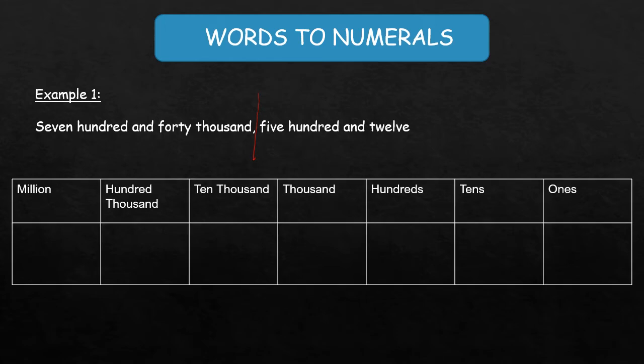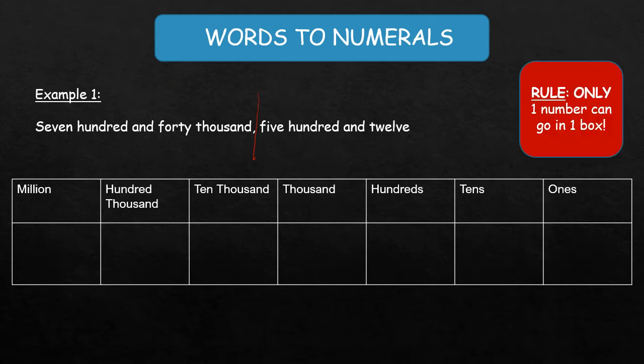Next, we're gonna write down our place value. You can just write down short form for all these: ones, tens, hundreds, thousand, 10,000, 100,000, and million. And remember, the rule is only one number can go in one box. So let's focus on our thousand family right here. So we have 740,000.